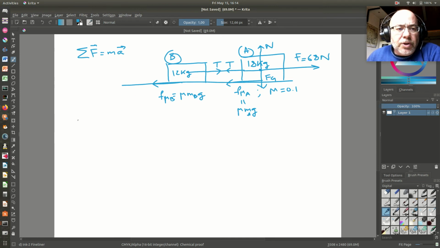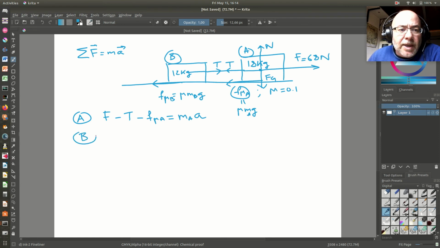So equation A, for the big block here: force 68 newtons, the sum of the forces, all the forces to the right, and all the forces to the left, minus tension which goes to the left, and minus the frictional force mu A, is equal to mass of A times acceleration.